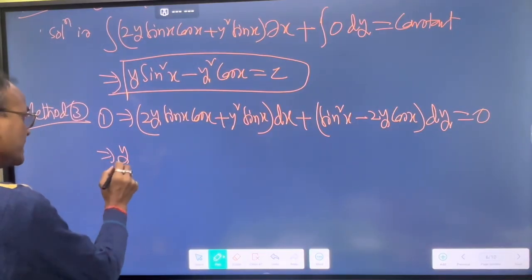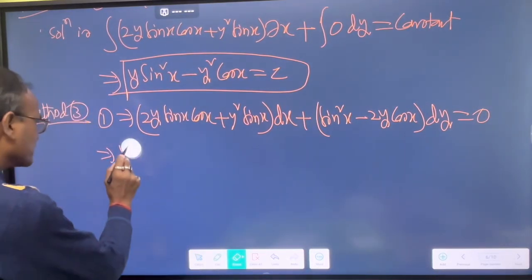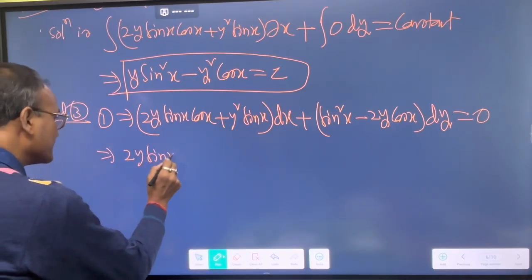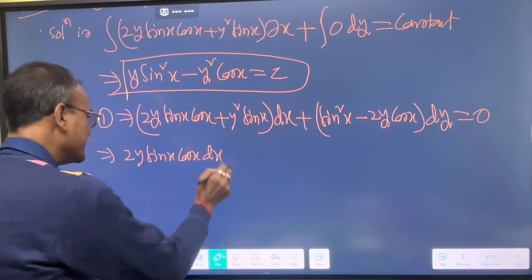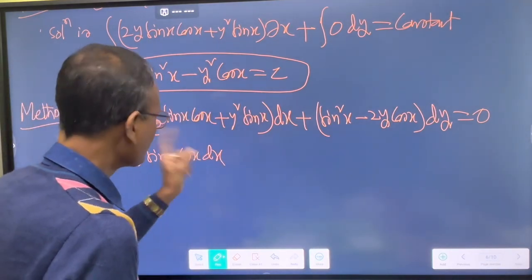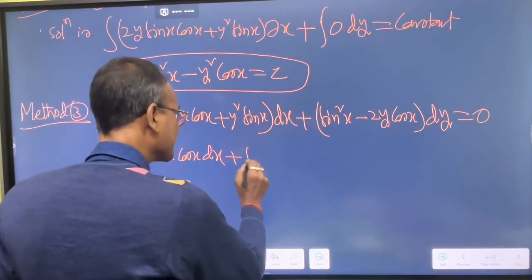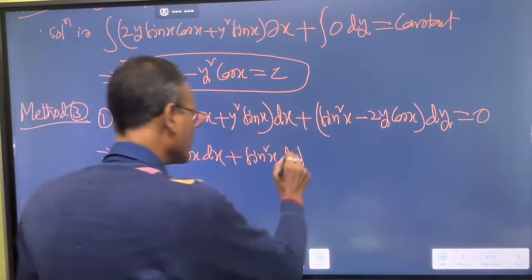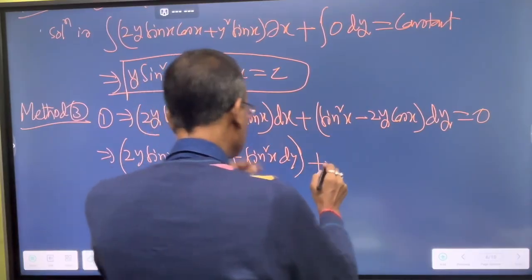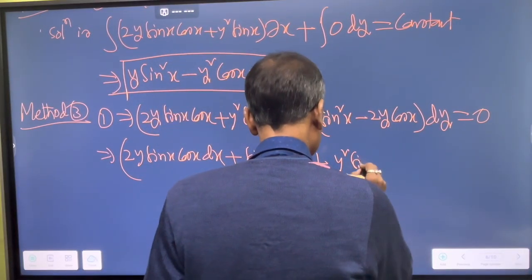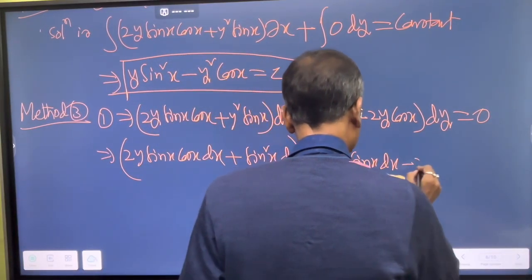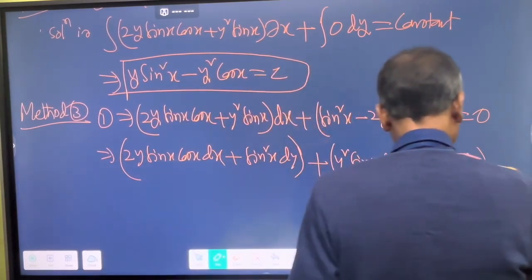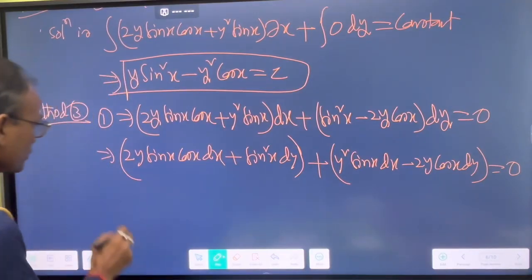This means, just grouping method, just write twice y sin x cos x dx. Now write here plus sin square x dy, group this, plus y square sin x dx minus twice y cos x dy equal to 0.